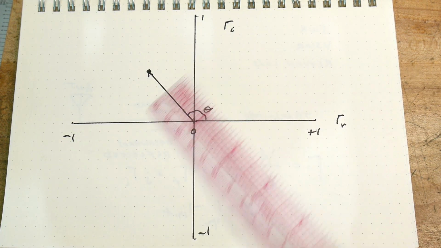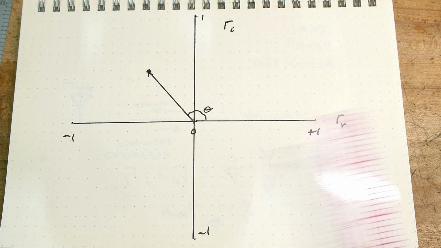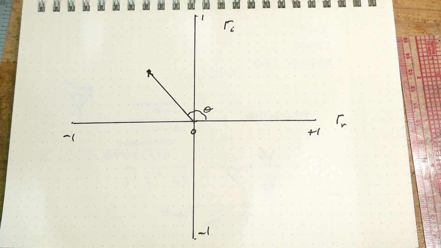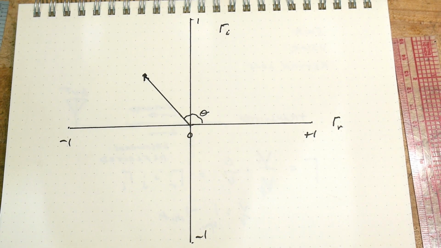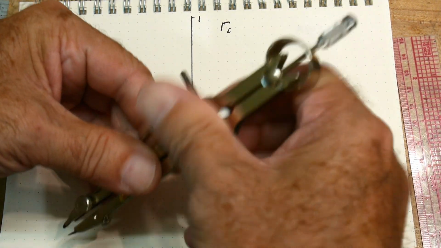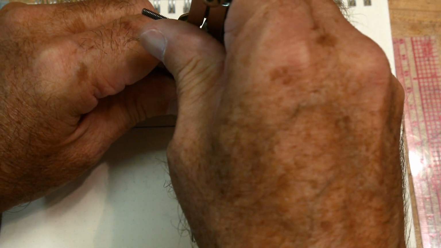So what is this good for? Okay? Well, we're going to need some old tools. I have to go dust these off and get out my compass. Okay, so we're going to need a compass.